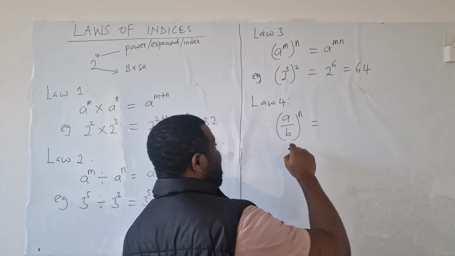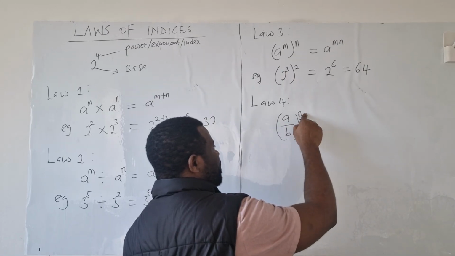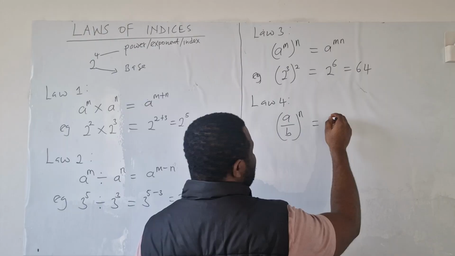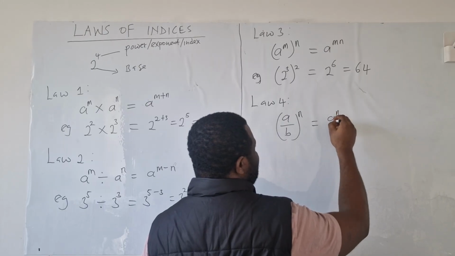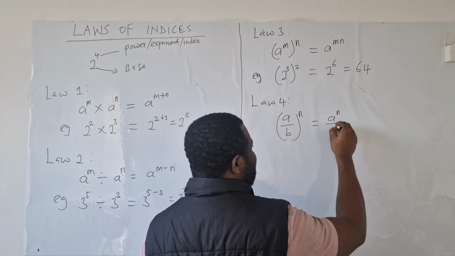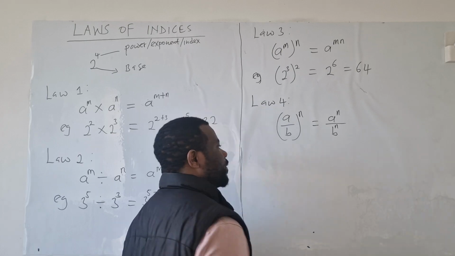So this can be written as a raised to the power n, over b raised to the power n.